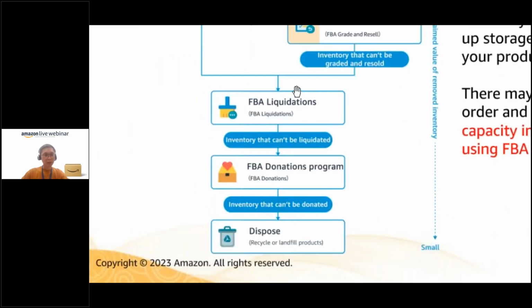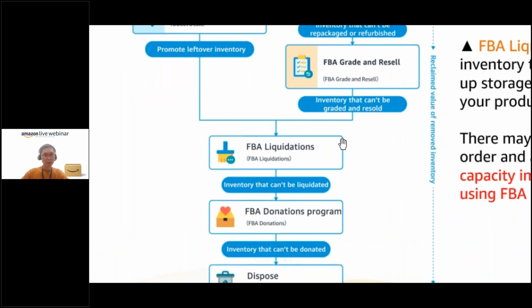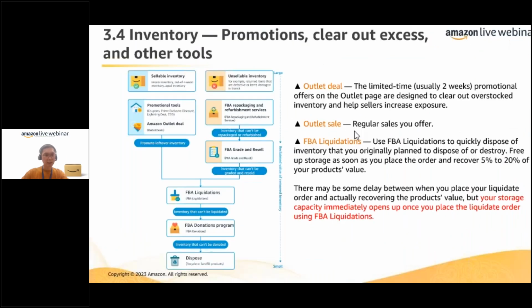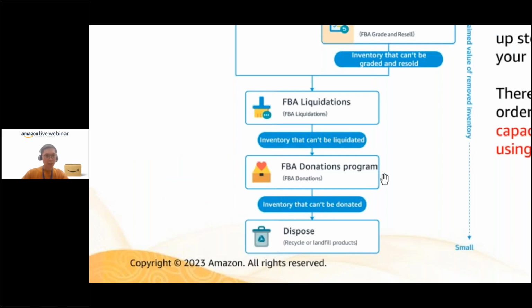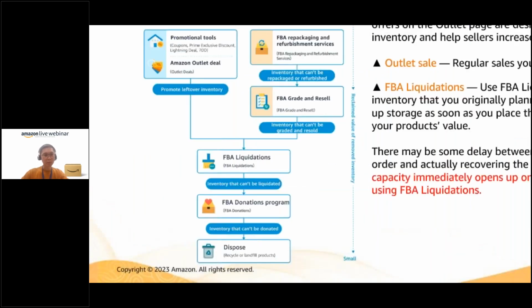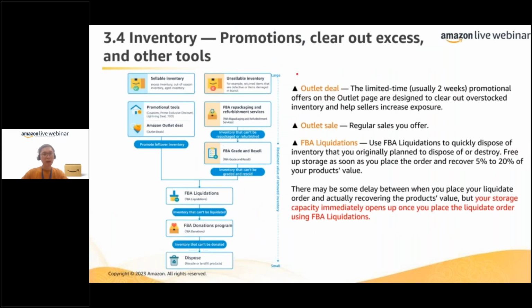If still not possible, and there's still leftover excess, you can go to FBA liquidation and then donation and ultimately dispose. Now the whole idea is as much as possible, we try to have other ways for you to reclaim your sales to get some revenue and profit back. The last resort will be to dispose it.